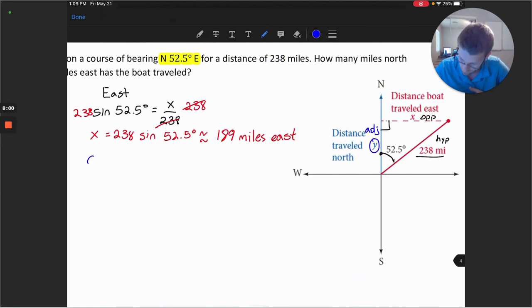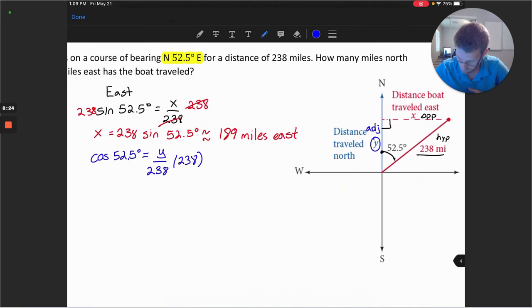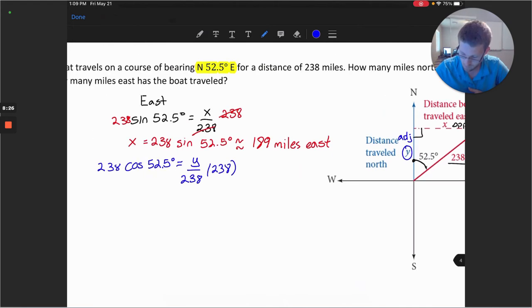So I have the cosine of 52.5 is equal to the y side, the adjacent, over the hypotenuse. And again, we can multiply by 238 on both sides.